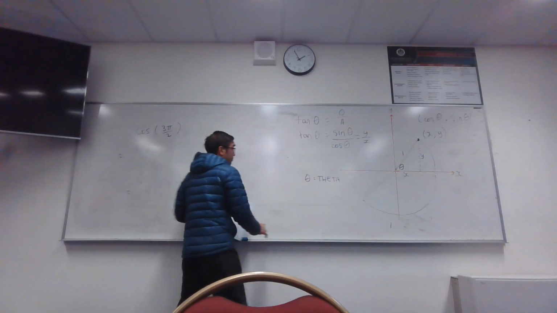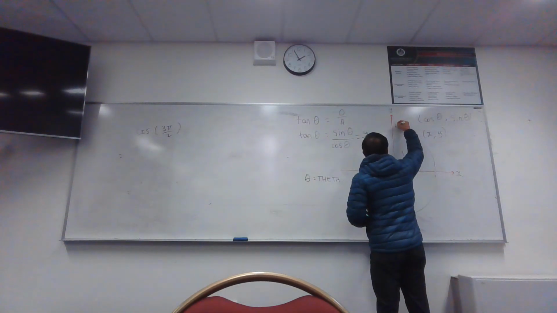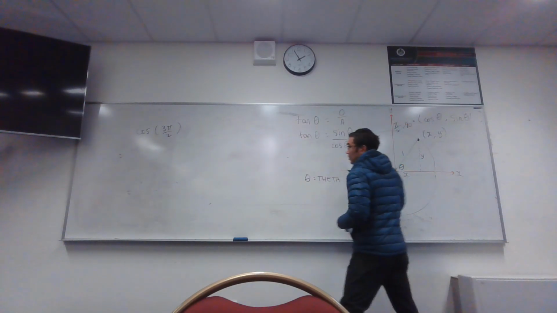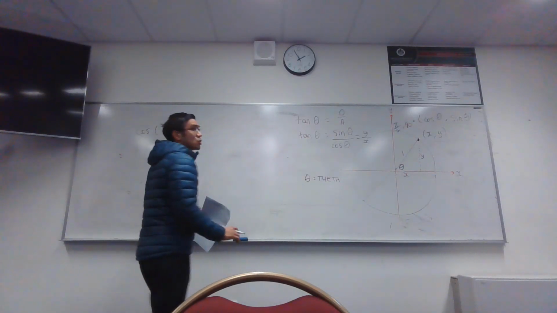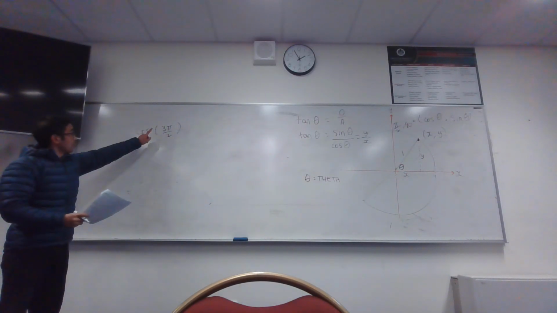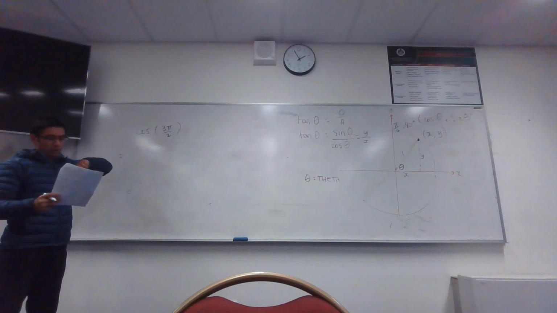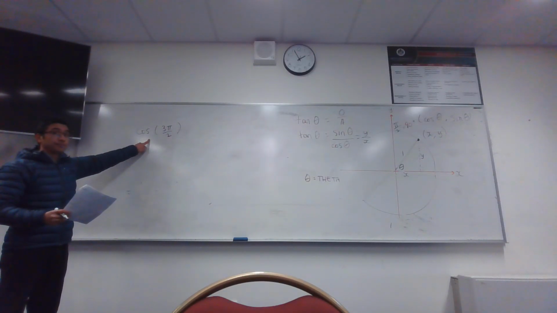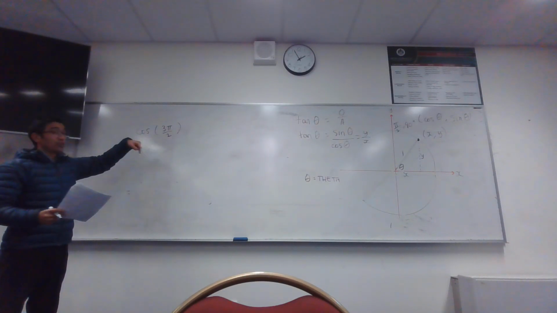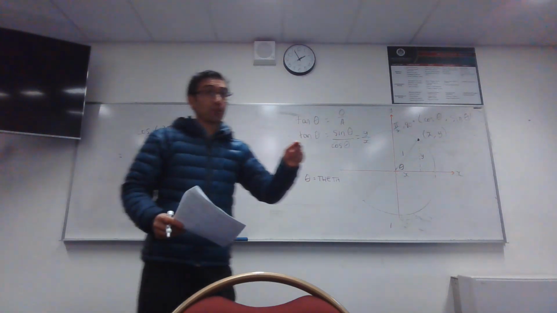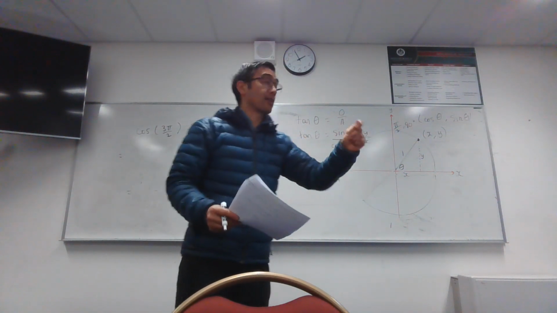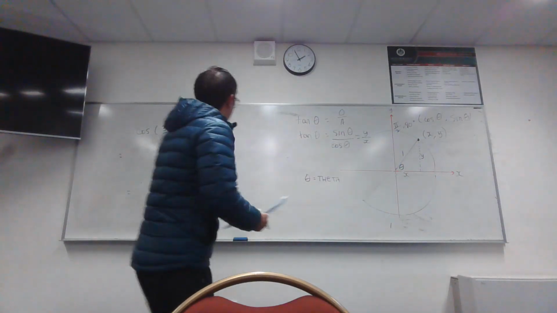I rubbed it off, but as a reference point, I'm going to put this in here, pi on 2, which is the same as 90 degrees. I want you, this is a number. Cosine of 3 pi on 2, it equals something, but I'm going to give you a clue of how to attack it using the diagram. This is the clue.